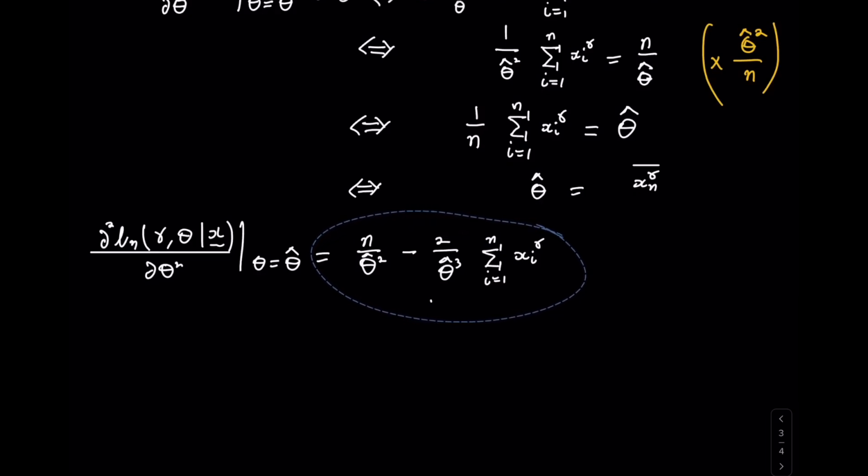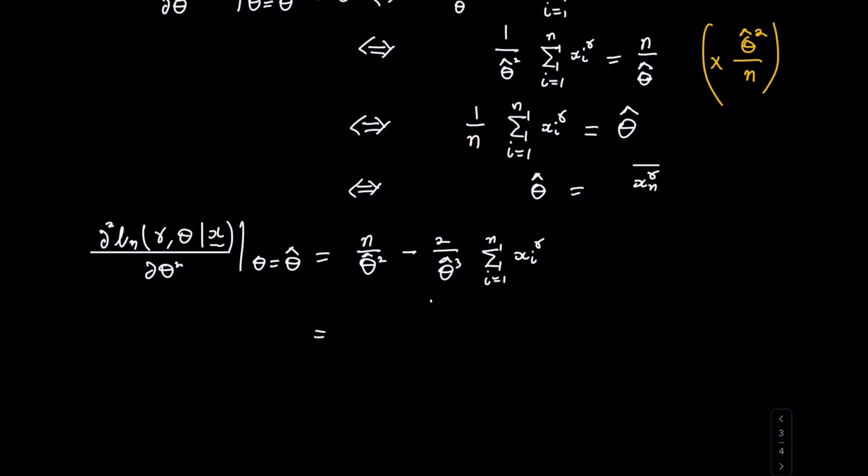That proves that it is in fact a maximum or a local maximum. But notice that this xi to the gamma is up here in this expression. And in fact, this sum of i equals 1 to n of xi to the gamma, if we brought the n to the opposite side, we'd actually come up with a version of that sum which can be expressed in theta hat.